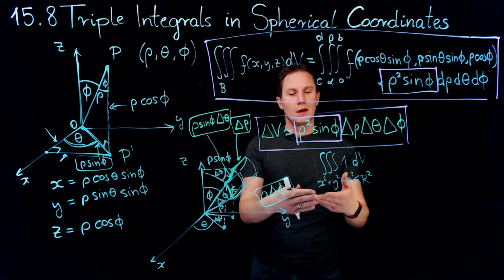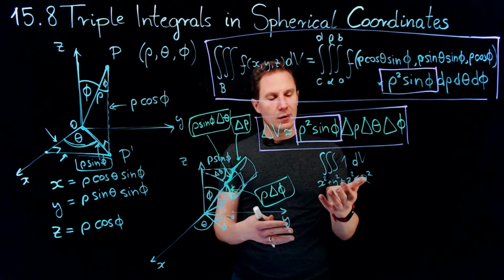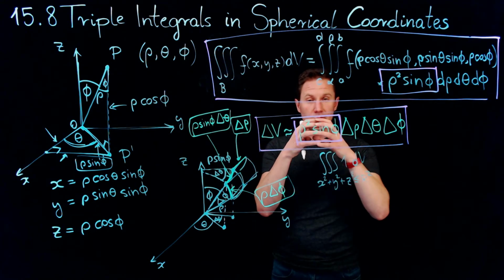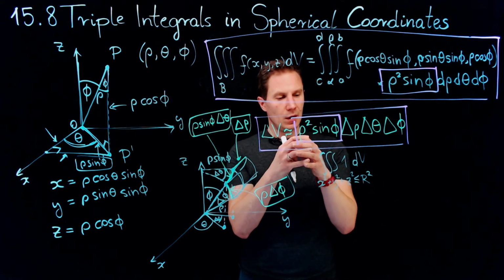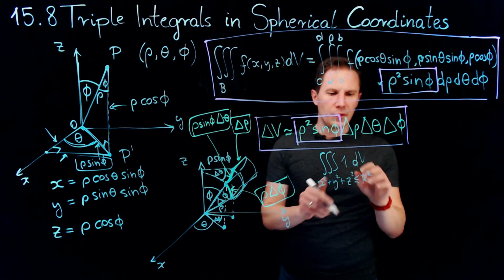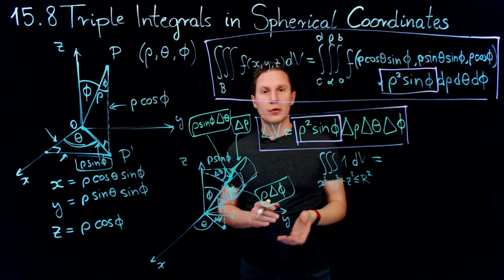The points in 3D space whose coordinates satisfy this inequality form the solid ball of radius r, centered at the origin. So compute this triple integral using spherical coordinates.